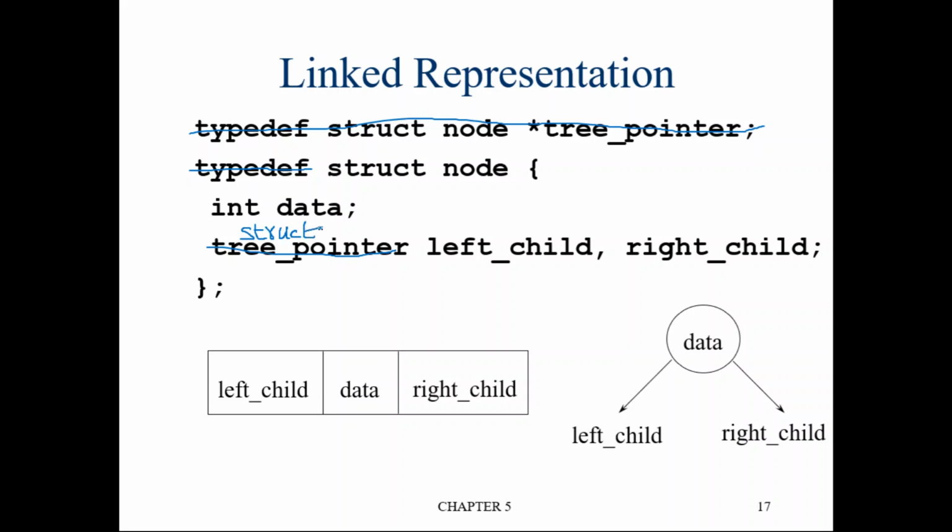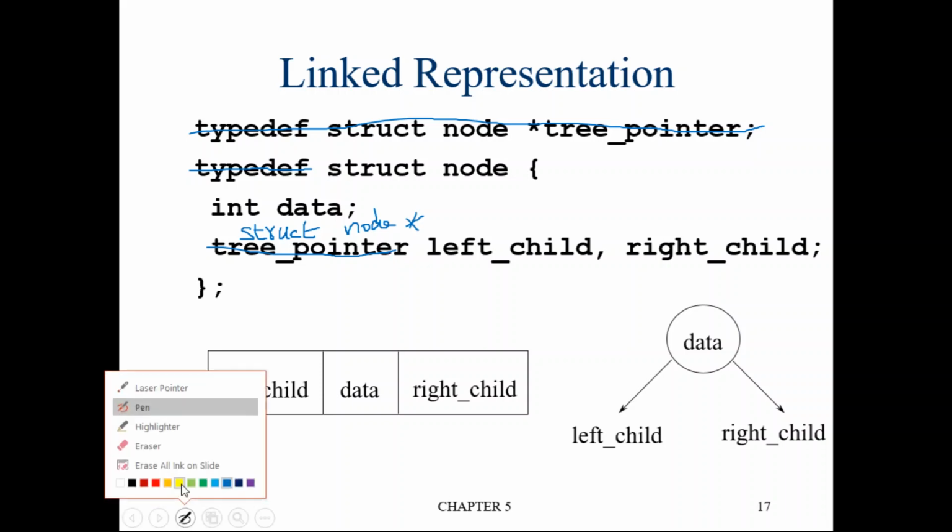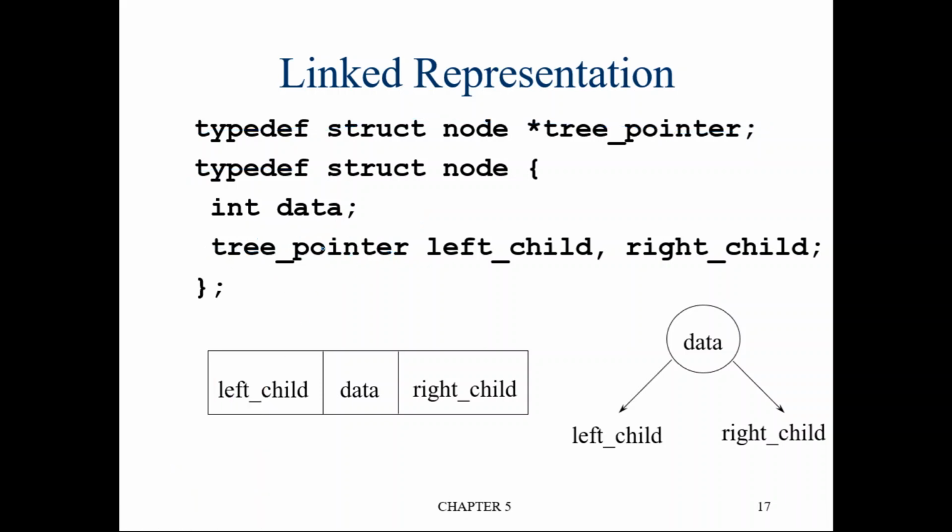It means that left child is a pointer to another node and right child is a pointer to another node. So it is very similar to the doubly linked list. In a doubly linked list also you have one data part and two pointers, previous and next. Similarly you have left child and right child here. But actually the textbook follows this representation. This is correct. It is not wrong.